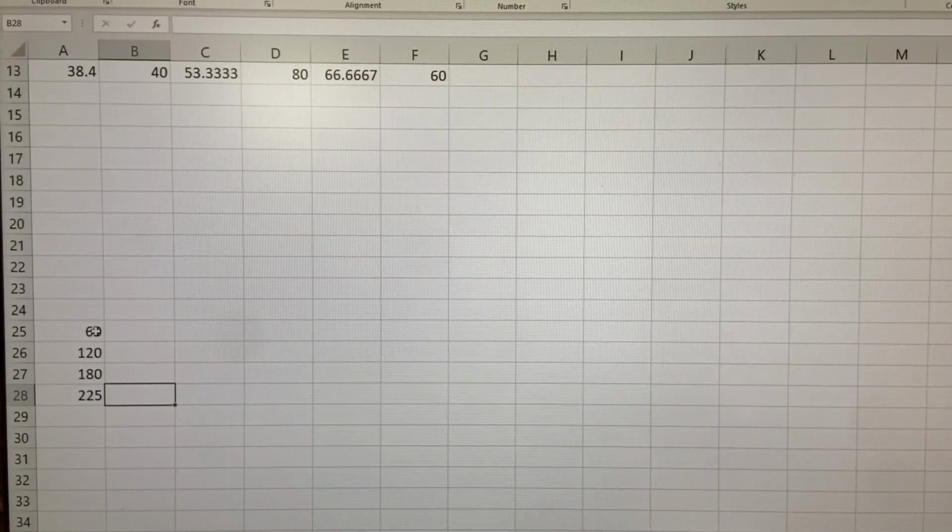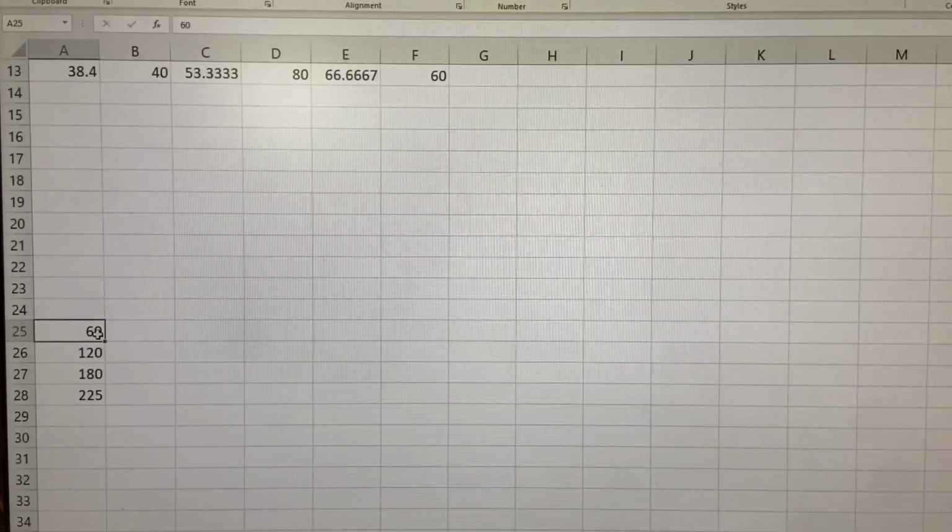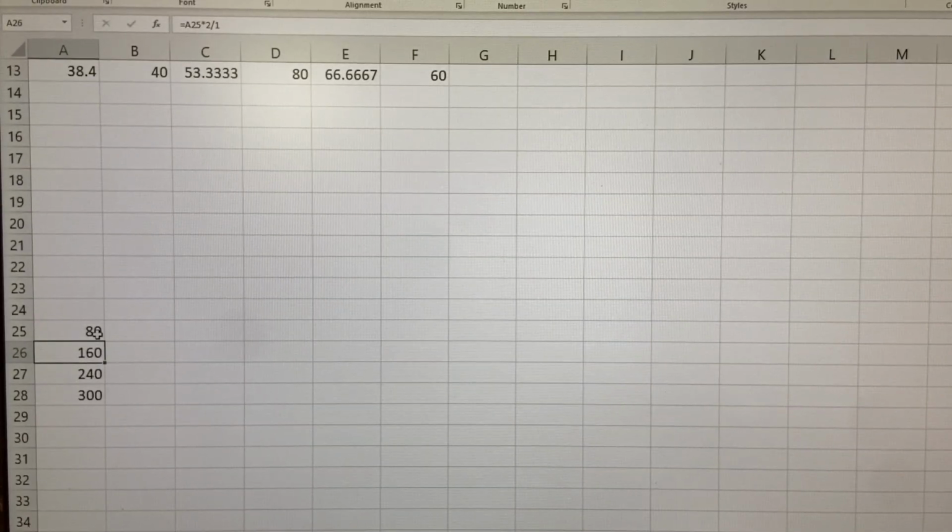So if you start with just 60, once you write up your formulas and you plug 60 in here, you could plug in another number, whatever, it's just going to recalculate depending on whatever fraction problem.